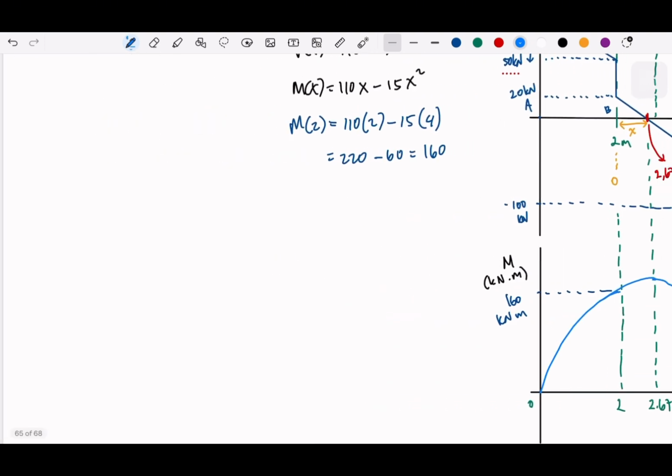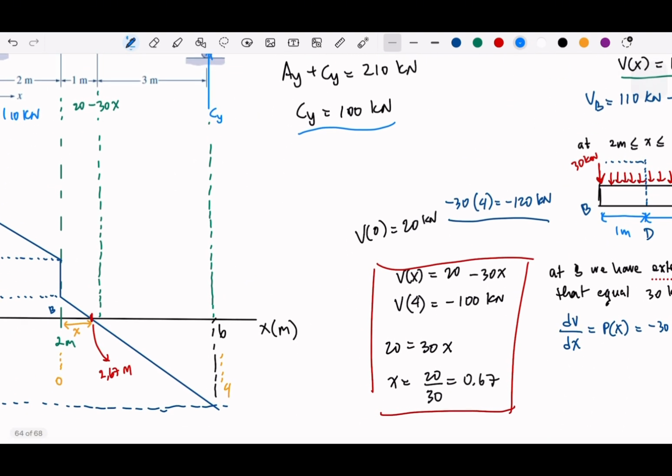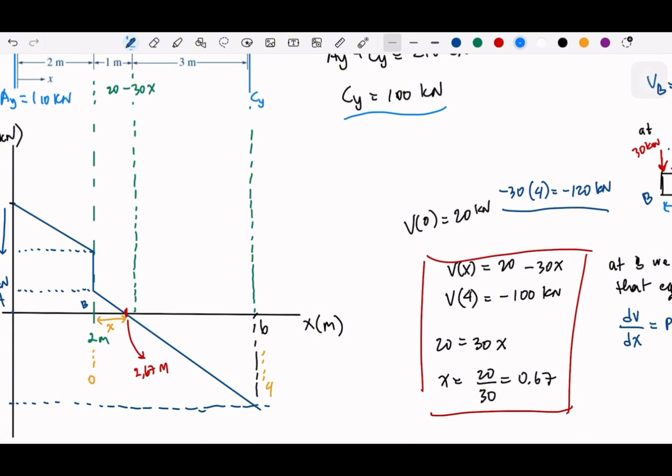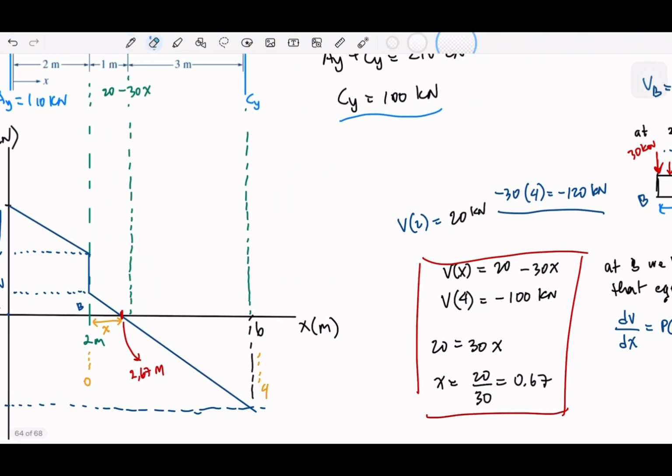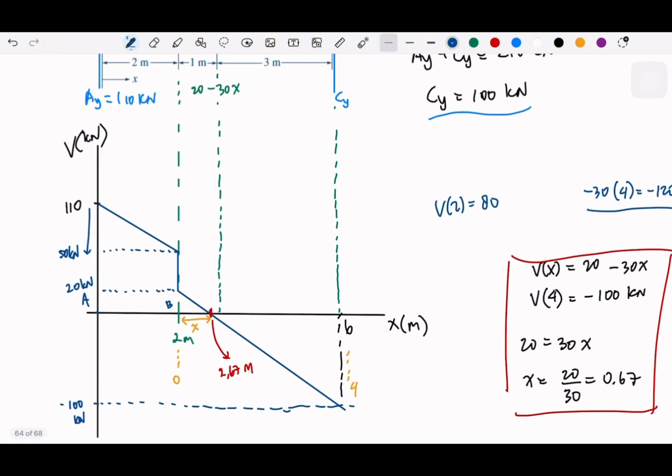Oh, I know what I did wrong here. Okay, let me fix this, just a little bit of a mistake, but it's still true. So if we make this V of 2, we need to start off with the 50. So we start off with 50. So V2 is 50 plus 30, which is 80 to be precise.